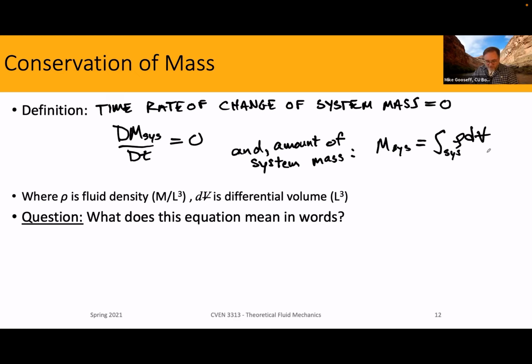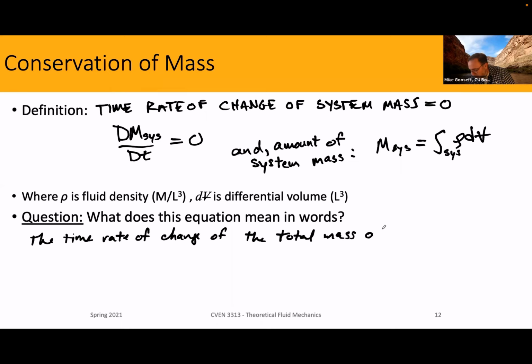So what does this equation mean in words? It means the time rate of change of the total mass of the system is 0, or essentially mass is always conserved.